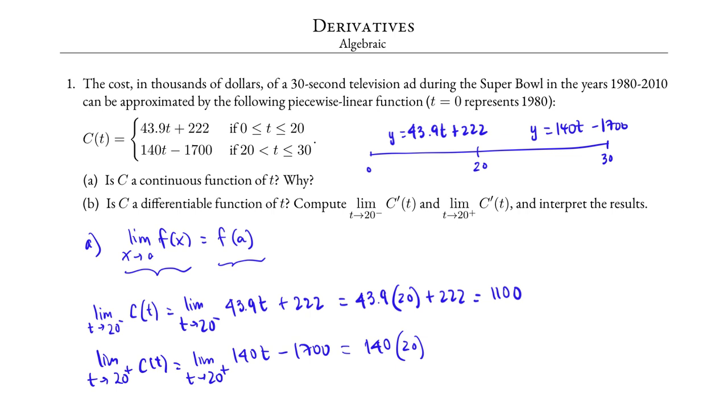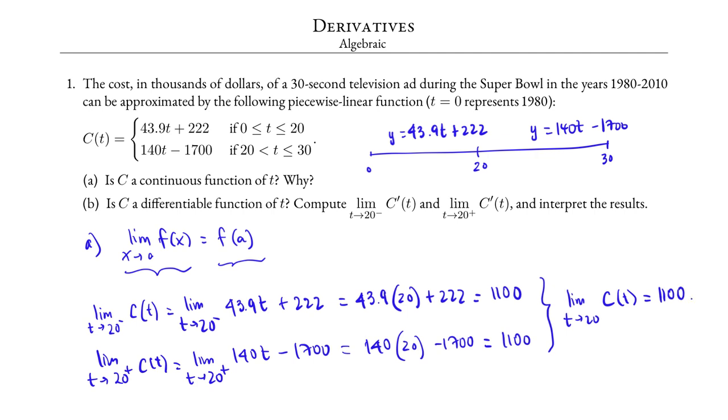And we see that this limit is also 1100. Since the limits are the same from both sides, we say that the limit as t goes to 20 of this cost function is 1100.